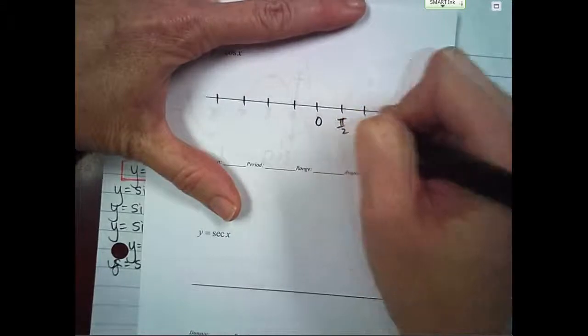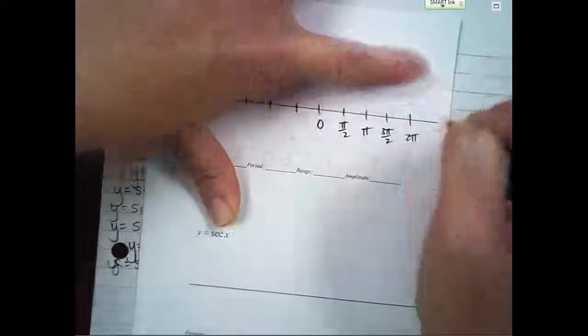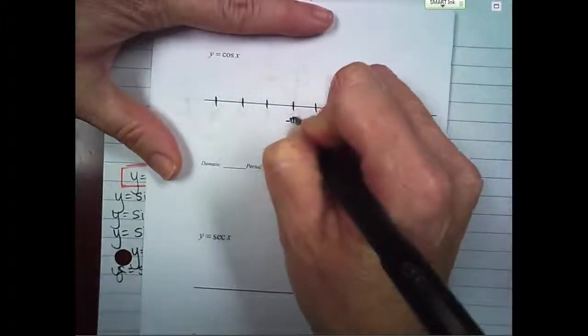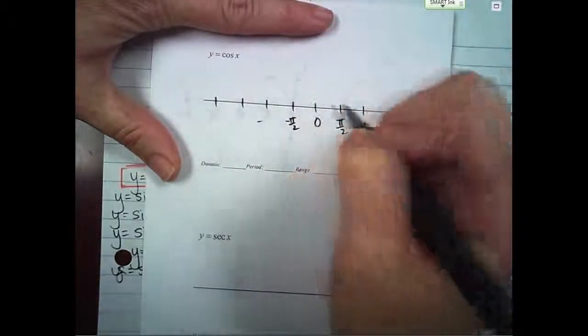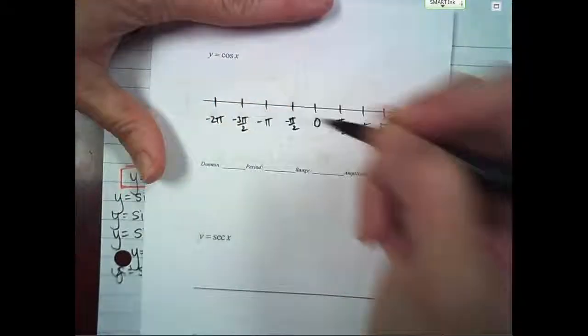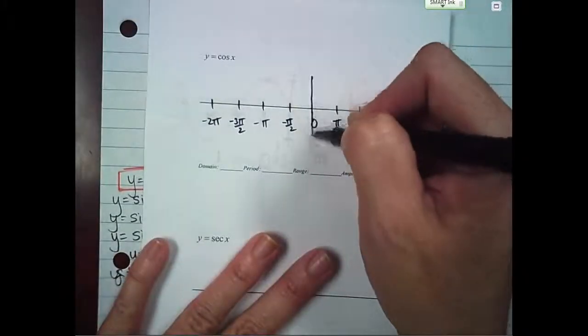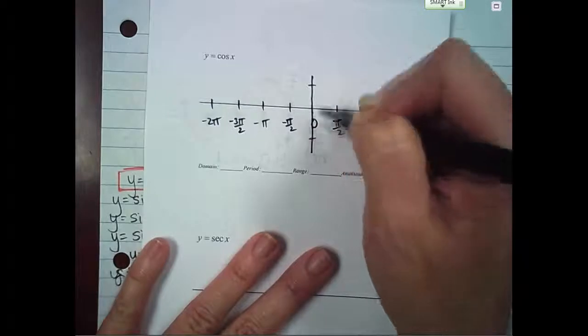Okay, what are our stops? All the quadrantals. Pi over 2, pi, 3 pi over 2, and 2 pi. You'll be so good at those. How high and how low does my graph go? 1 and -1.